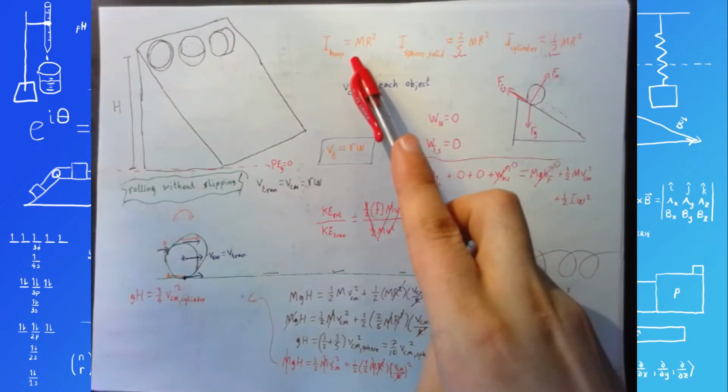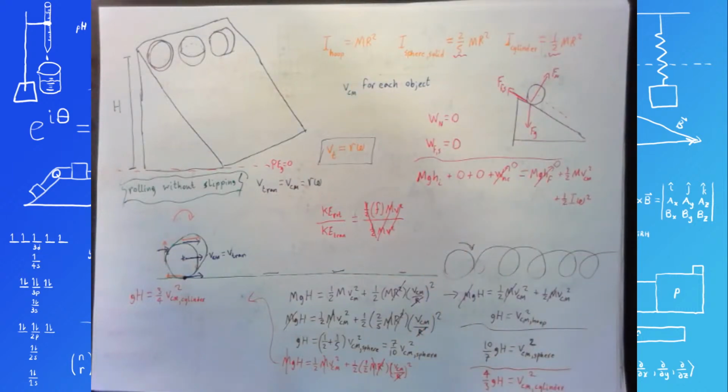The hoop demands a 1-to-1 ratio. The hoop demands absolute equality and fairness. And then the cylinder is just kind of in between the two. The cylinder is willing to settle for half, so I guess with the cylinder, the kinetic energy would be divided 3 ways.